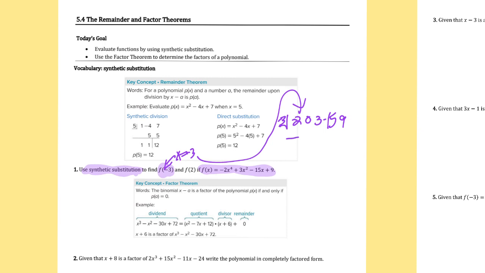So the thing is, we could just plug it in and see what we get using our calculator. But with synthetic substitution, you put the x in the box right here. Normally you've got a factor and they say, divide this polynomial by the factor x - 2. So you set that equal to 0 and solve for x, which is 2. So 2 would go in the box.